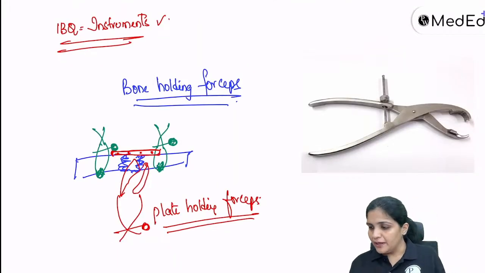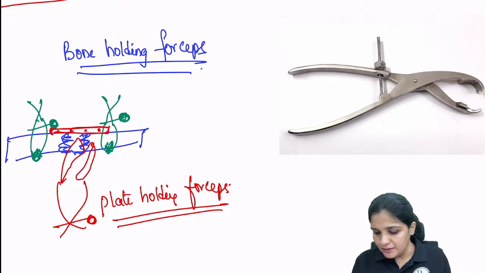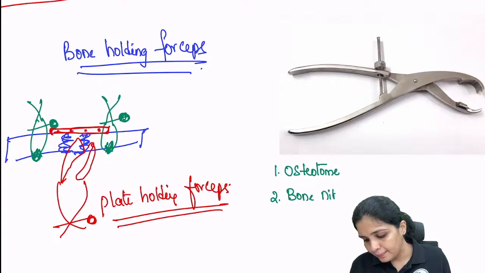Done. Okay, hope you will remember them. Just revise them before going to the exam. So what are those important things? First, you should always have a look at the osteotome. Then they will ask you about the bone nibbler, right?